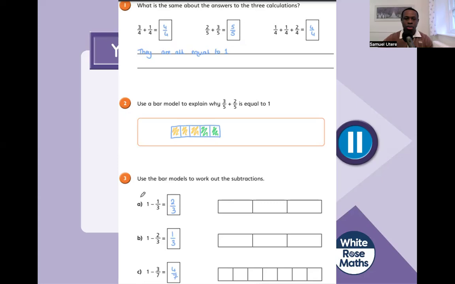So this whole is actually worth 3/3, because 3/3 is equal to 1. Here is the same thing, but here, this whole is now 7/7. Why? Because we're trying to subtract 3/7 from it. So the denominator determines the number of parts in which our integer should take.